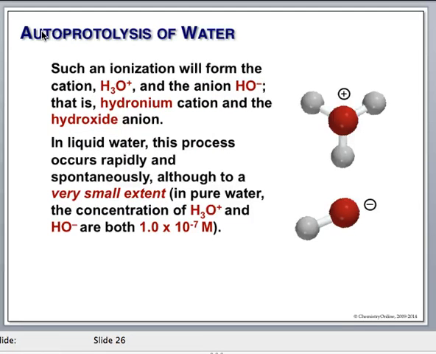This ionization goes back and forth very, very fast, like I said, a microsecond. Actually less than that for the ionization. But nonetheless, it goes on constantly, a very, very rapid reaction.